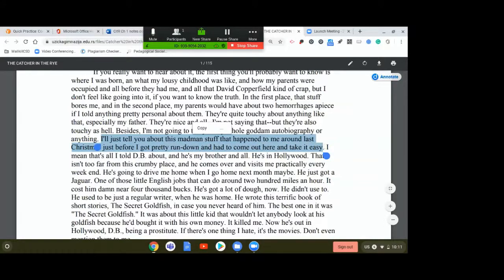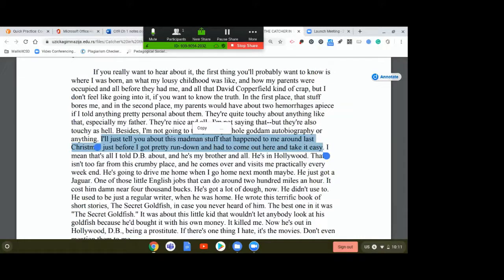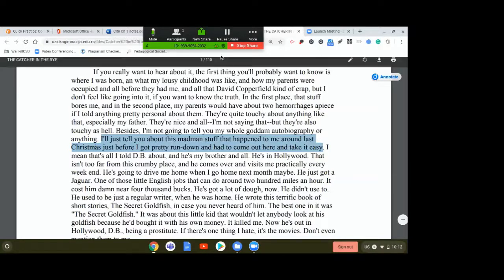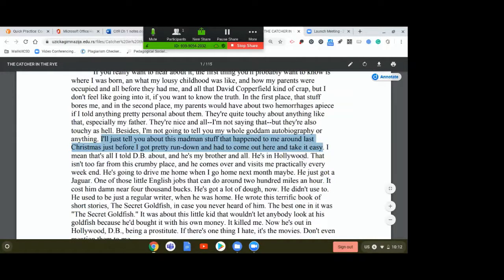All right, so now we know he's going to tell us a story about something that happened in his past. That's what's going to start in the next paragraph. So we know he's telling this story from somewhere in the future. Well, this is his present time. And he's somewhere out by Hollywood. And he got really run down and he had to go out there and take it easy.